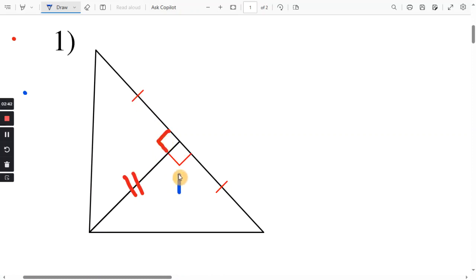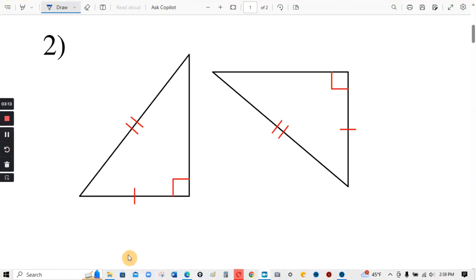The angles that are congruent are in between the 2 sides that are congruent. The A is in between the 2 S's, just like the angle is in between the 2 sides. And of course these angles are congruent because they're both right angles, both 90 degrees.